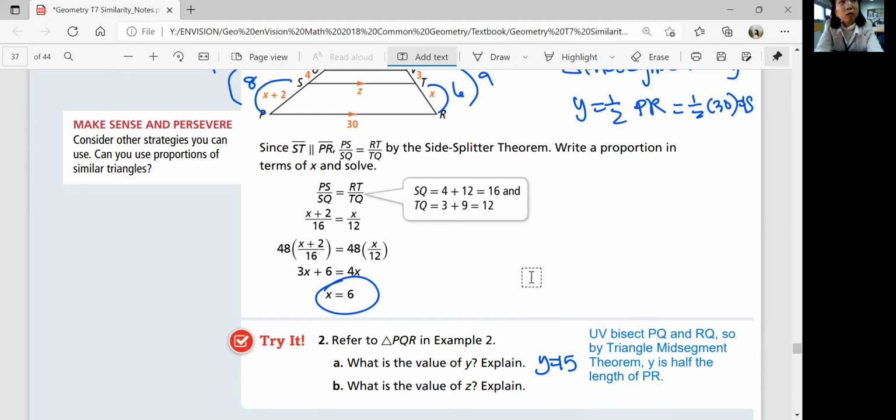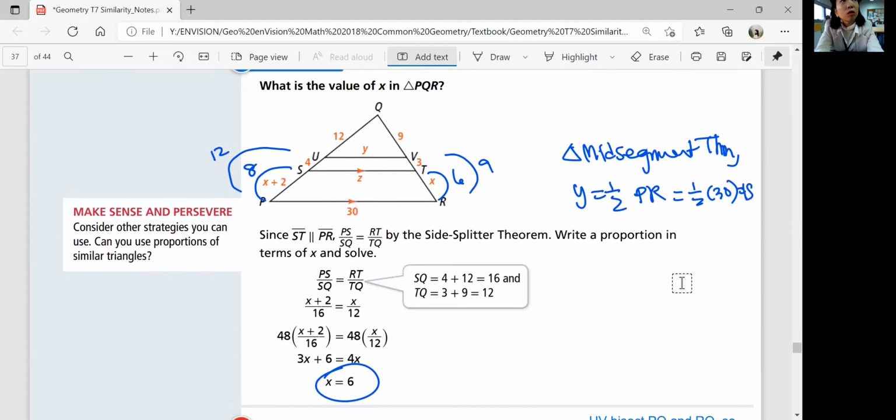What about part B? What about Z? How do we figure out Z? Because we know these triangles are similar, right? QST and QPR, because these sides are parallel, they're going to be proportional.